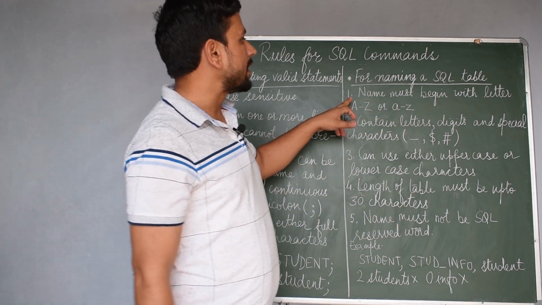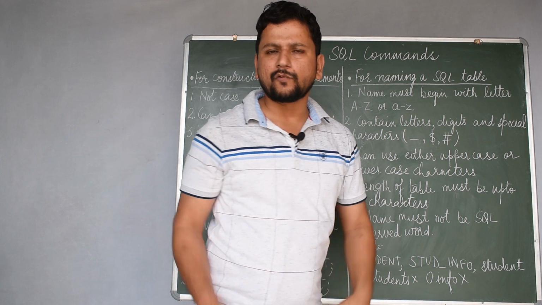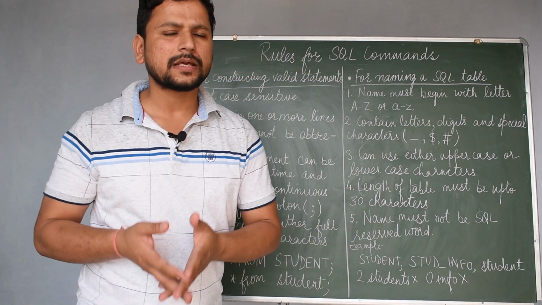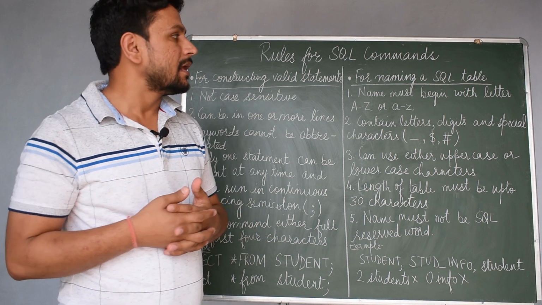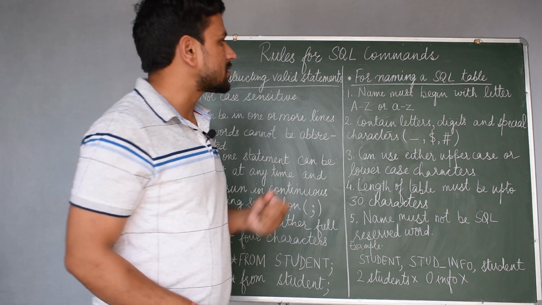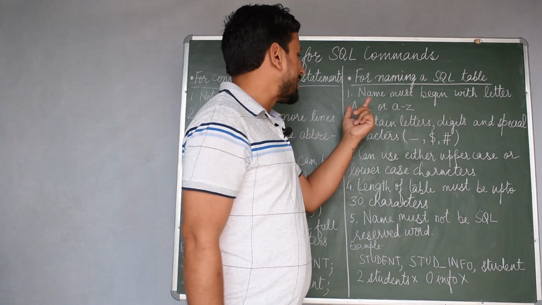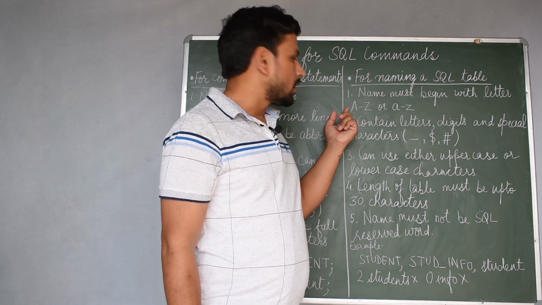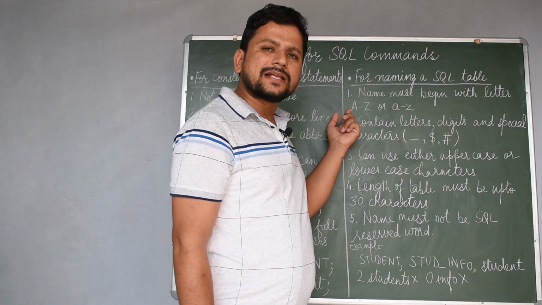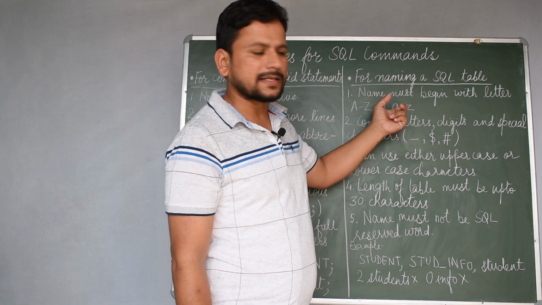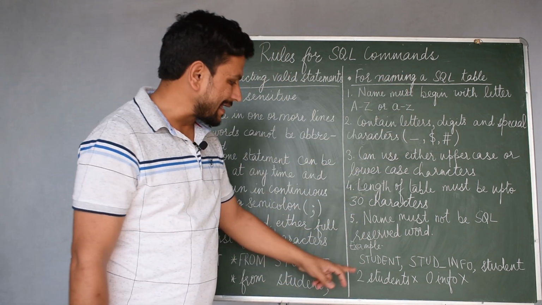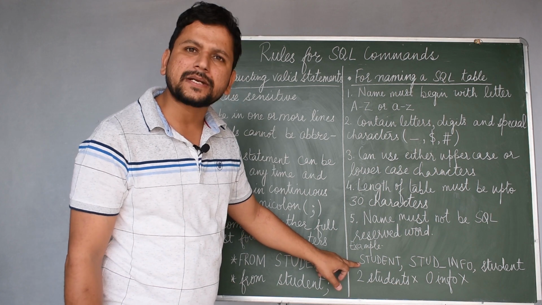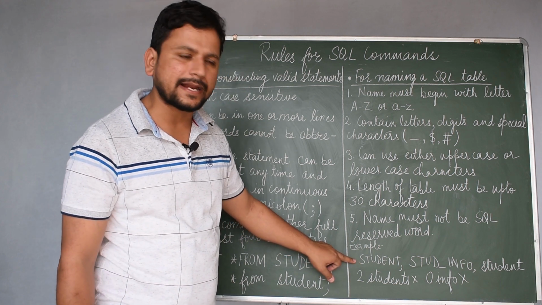First of all, the name must begin with a letter. Whatever table name you are giving or whatever column name you are giving in a table, that name must begin with a letter, either uppercase or lowercase. So for example, if I write the name of a table like student, that is acceptable because it begins with a character.